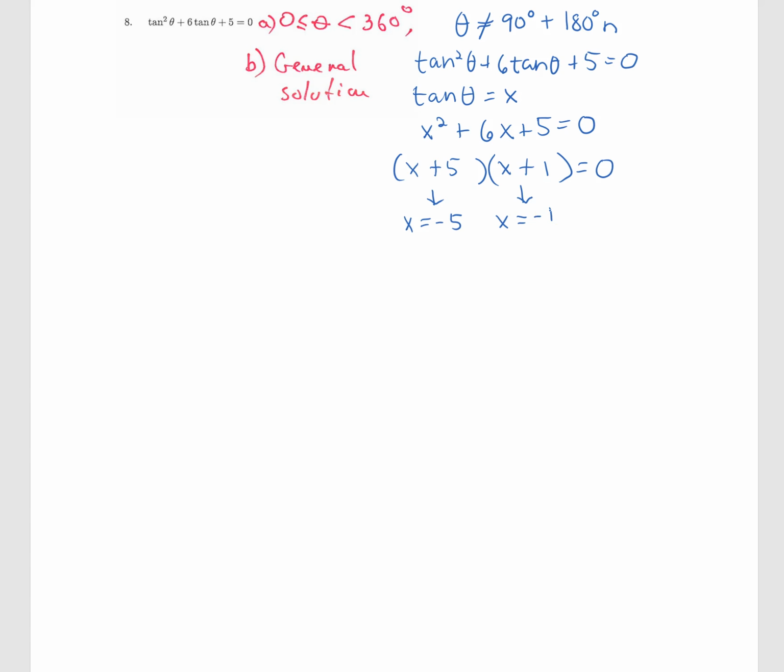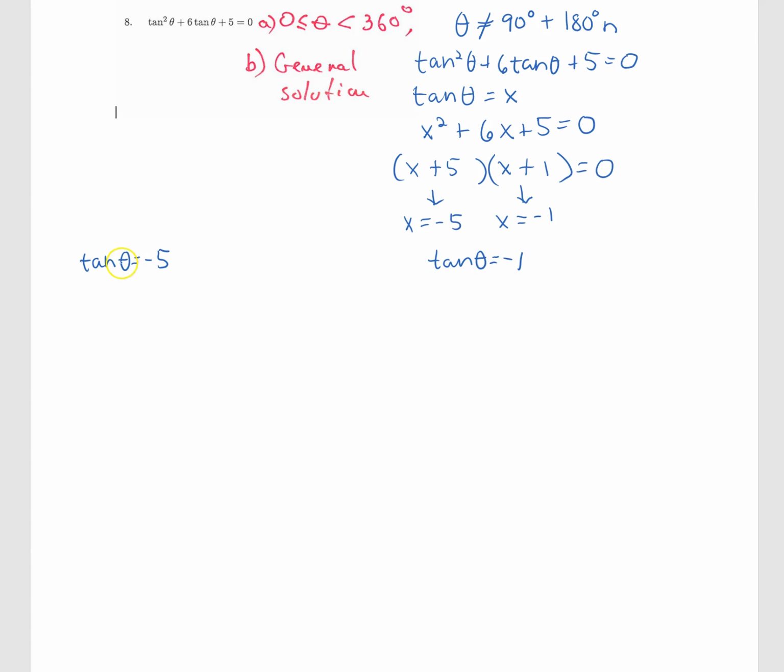Now I can substitute tan theta back in for x, and this gives me one option where tan theta is equal to negative 5 and another where tan theta is equal to negative 1.